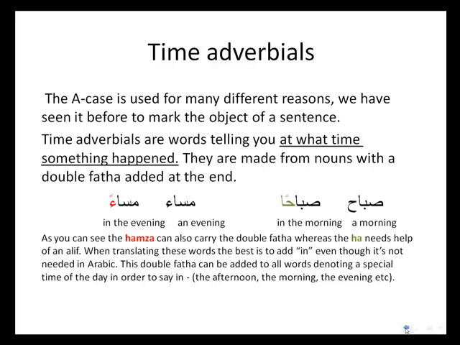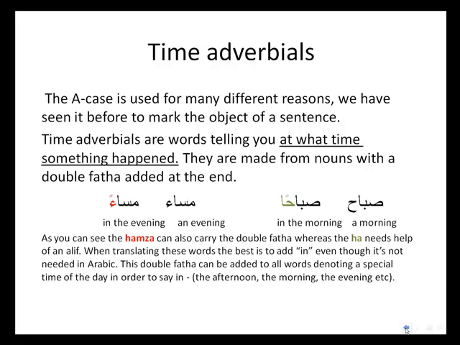What you have to think about is again a question of translation, as it often is, because in English we need to use 3 words for this: in the morning, during the morning, for example, but in Arabic it's just a change of the last 2 vowels from sabahun, a morning, to sabahan.